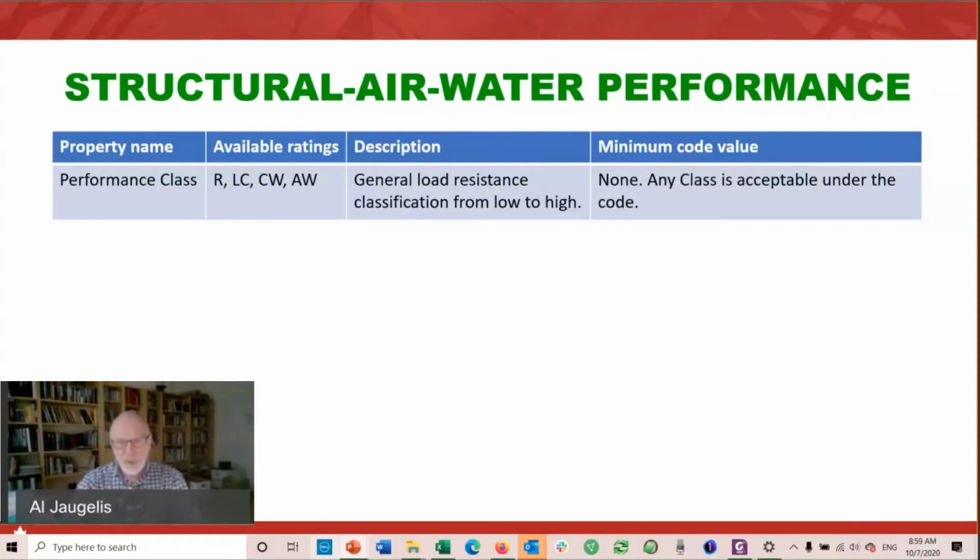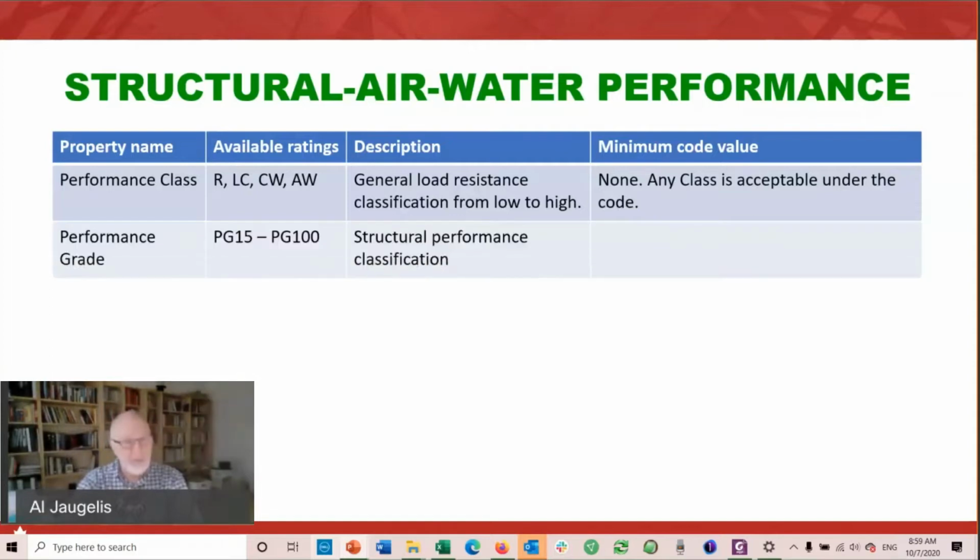But as far as the code is concerned, other properties are more important, such as the performance grade. This is a structural performance classification that is based on the tested structural wind load resistance, and in the case of skylights, snow load resistance properties of the product.